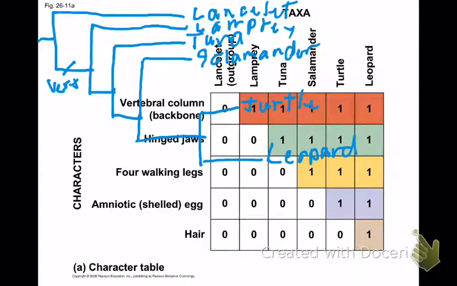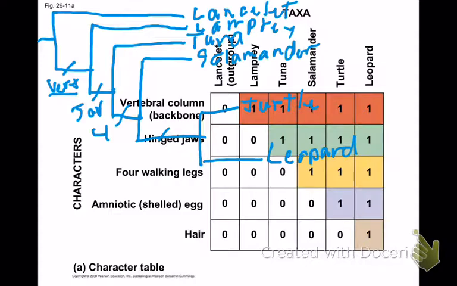So you can mark all of the characters that support these branches. Here we have a vertebral column. Here we have the jaw. Here we have 4 legs.